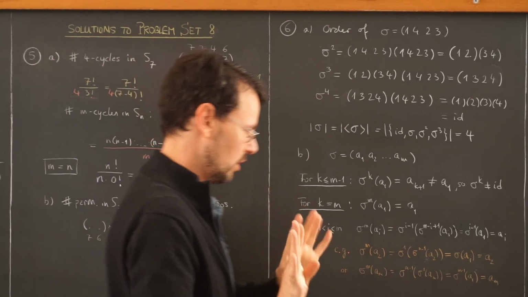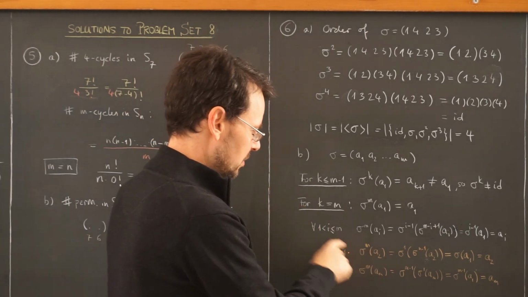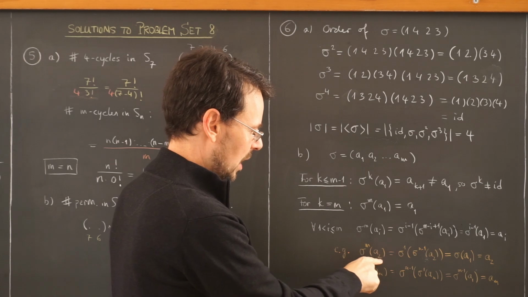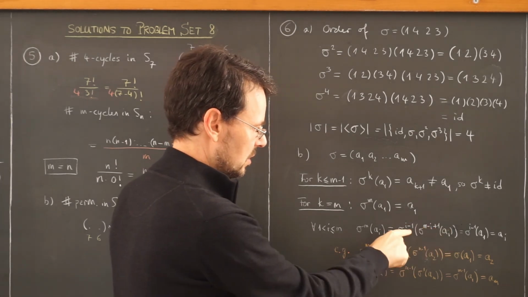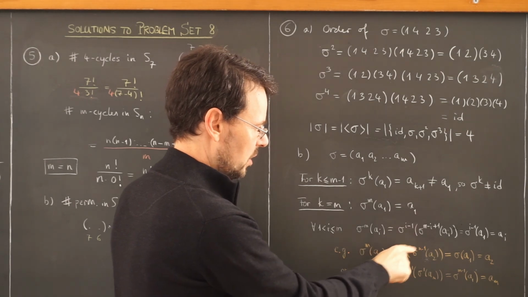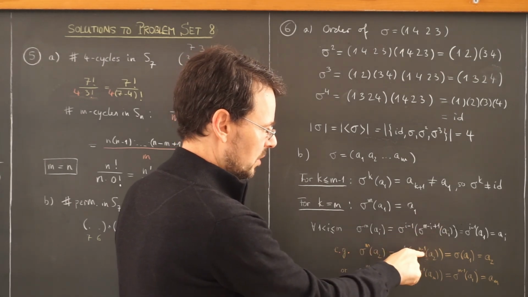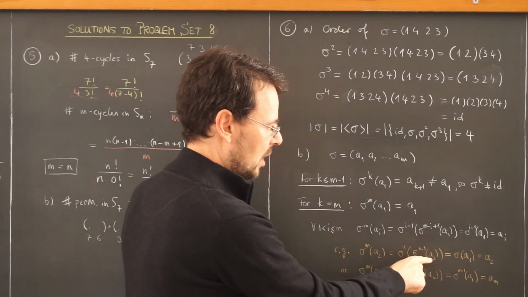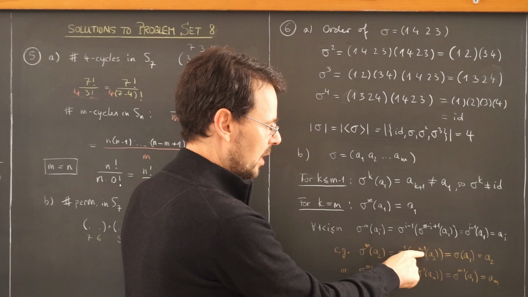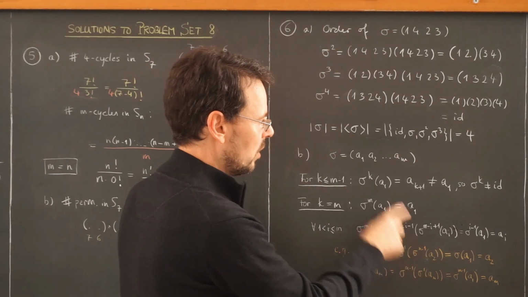Okay, now breathe. Let's make an example. For example, i equals 2. So in this case, this decomposition is i minus 1 is 1, m minus i plus 1 is simply m minus 1. So now here, what happens? I apply sigma m minus 1 times to a2.